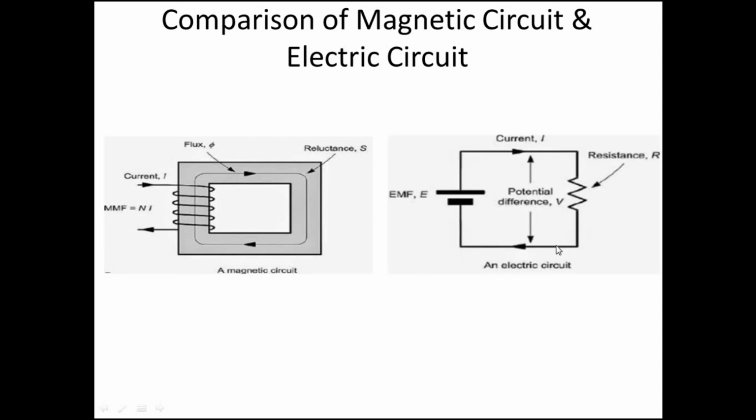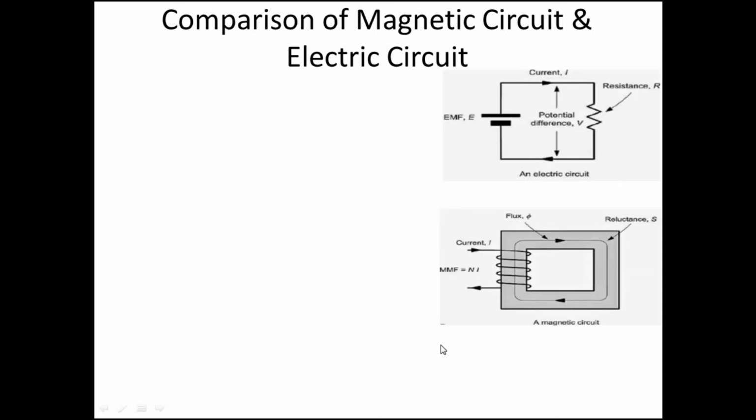Here EMF is producing a current, and current is flowing through the electric circuit, and resistance R is the opposition to this current. So MMF is analogous to EMF, flux is analogous to current, and reluctance S is analogous to resistance R.